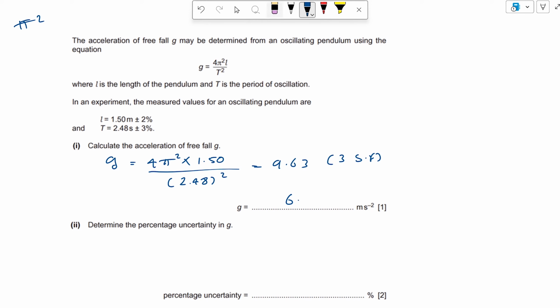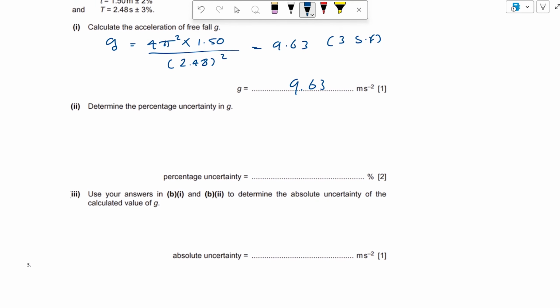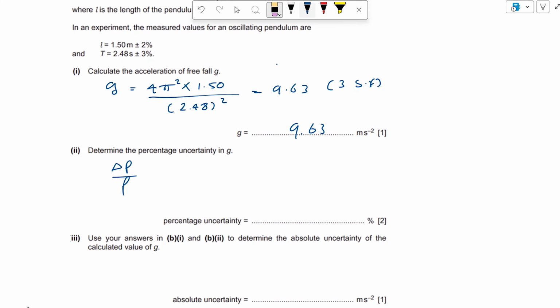So 9.63. Good. And now we are supposed to find the percentage uncertainty. So delta P over P. No, I just realized that the uncertainties here are in fact percentage uncertainty, so we don't need to pass through this formula here.